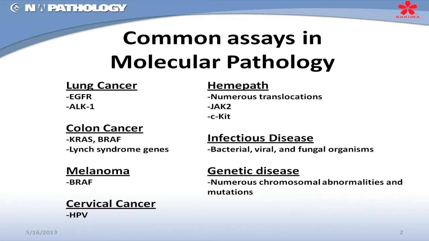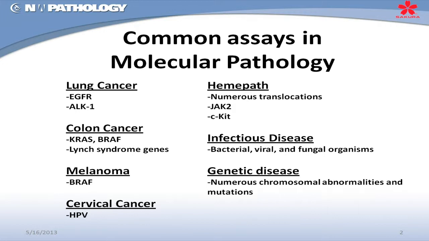Here is a list of some of the common assays that we're starting to see in pathology. You've probably seen some of these being ordered in your labs. Some are becoming standard of care for diagnostics and prognostication. In lung cancer, EGFR mutation analysis and ALK translocation analysis have become basically standard of care for any stage 4 adenocarcinoma of the lung.